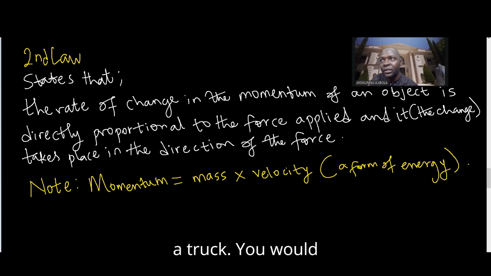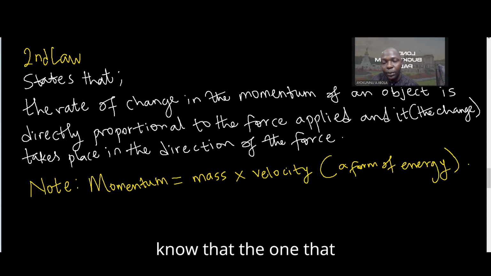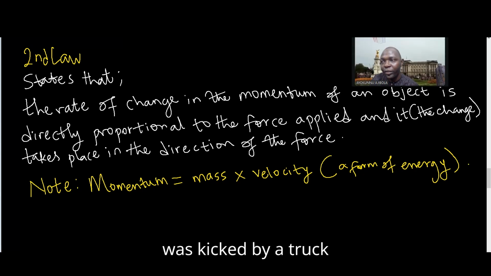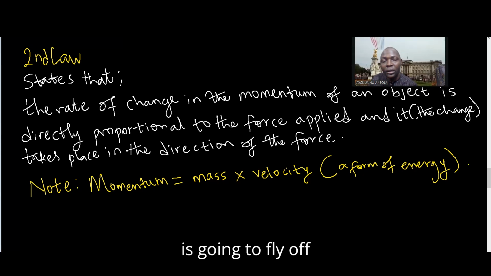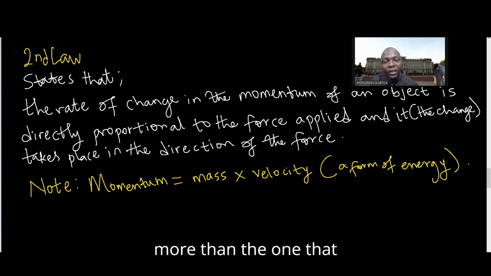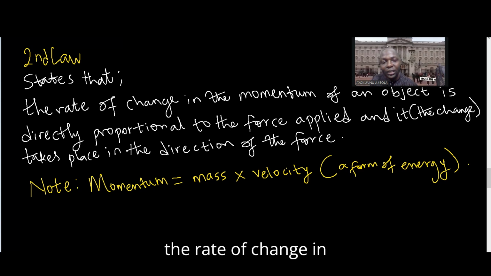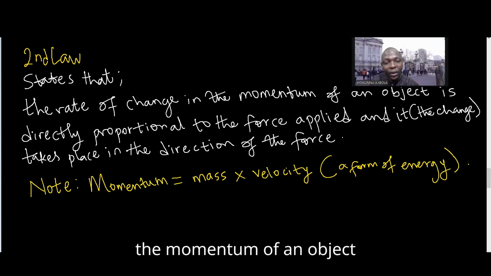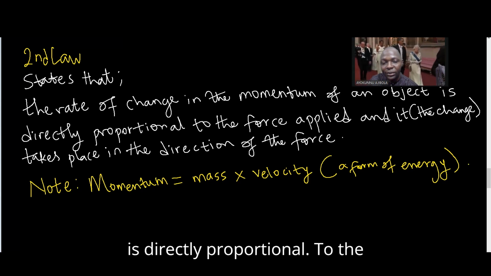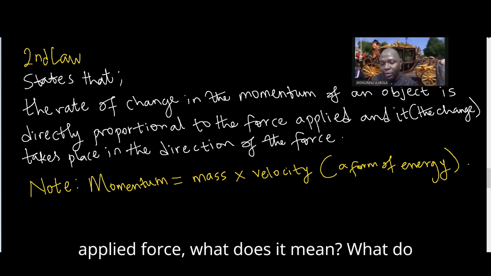You will know that the one that was kicked by a truck is going to fly off more than the one that was kicked by a bicycle. So the rate of change in the momentum of an object is directly proportional to the applied force.